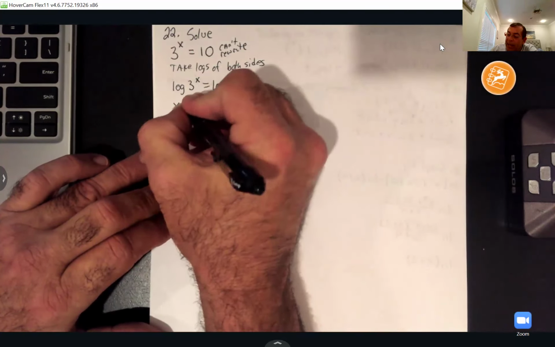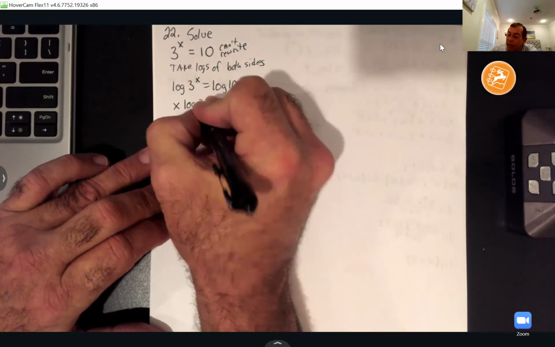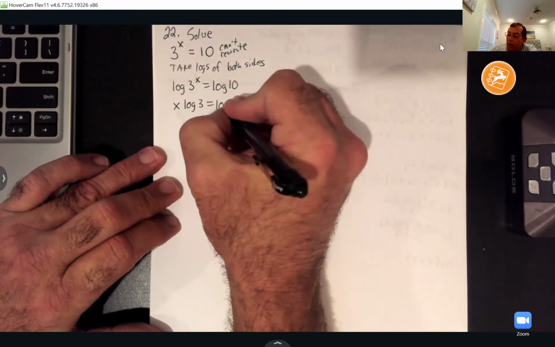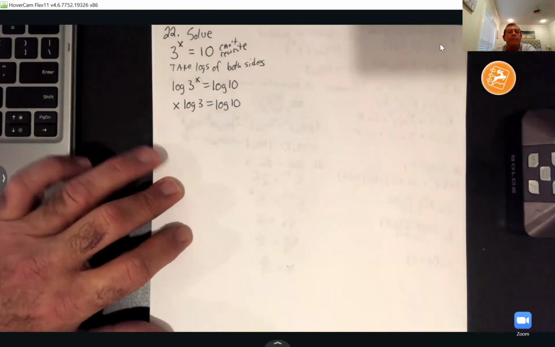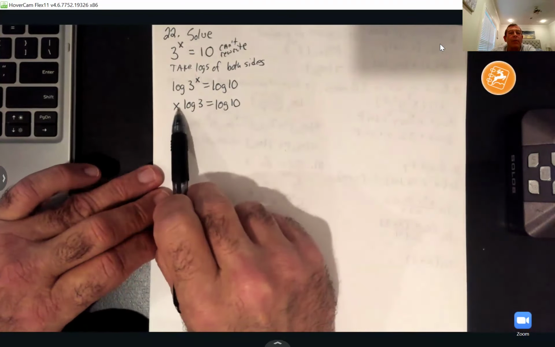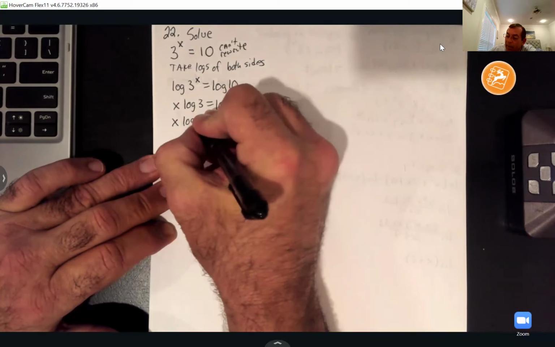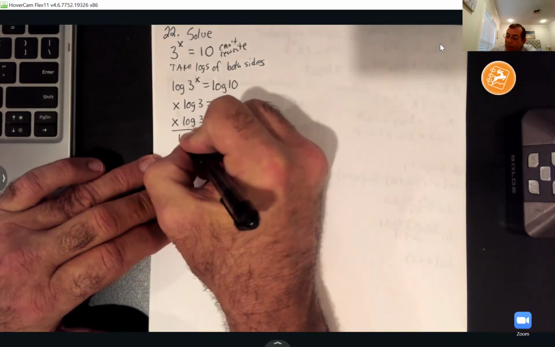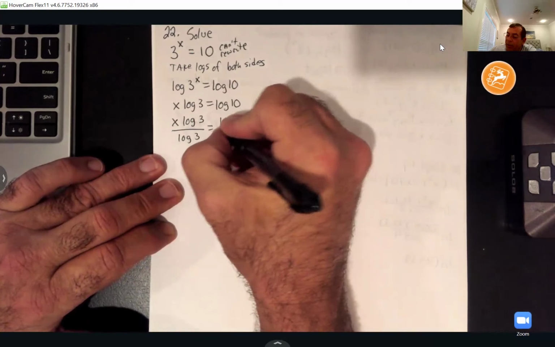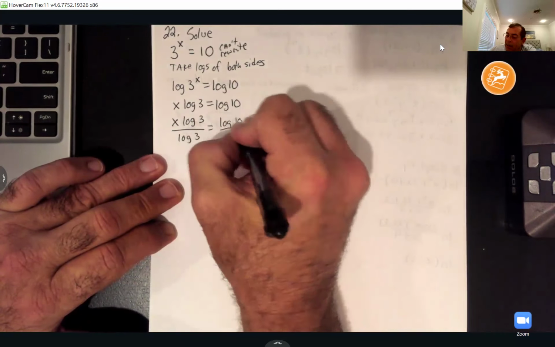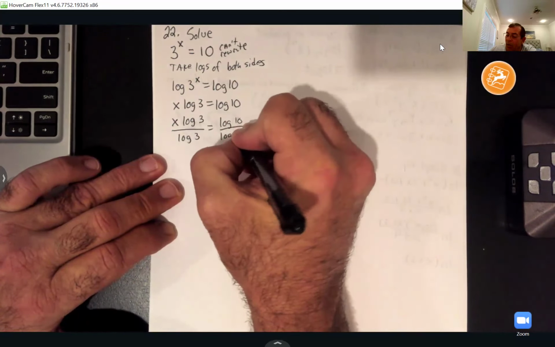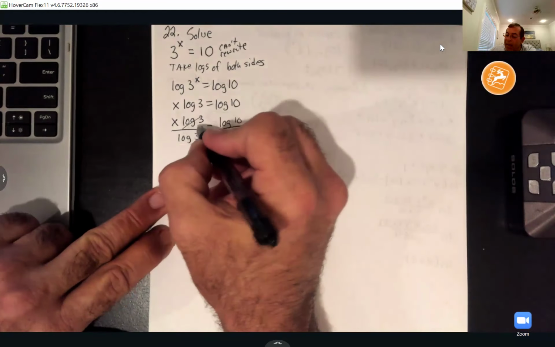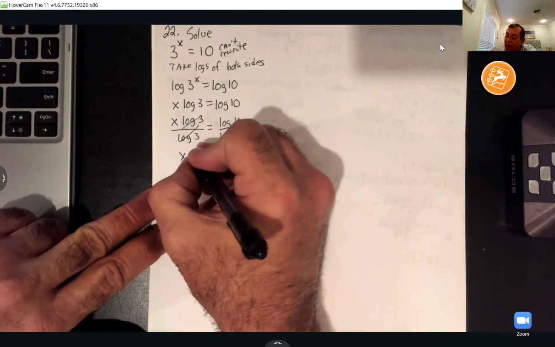So we get an x log 3 equals a log 10. Now, to get this to be a 1x, we divide both sides by log 3. So that'll equal this log 10 divided by log 3. So those cancel, leaving my x.